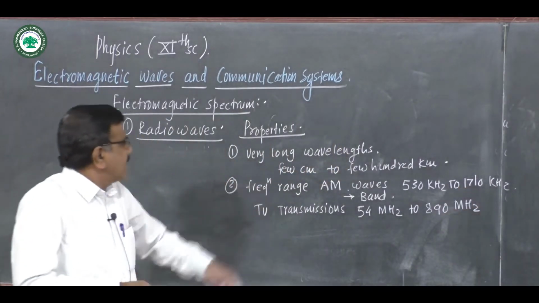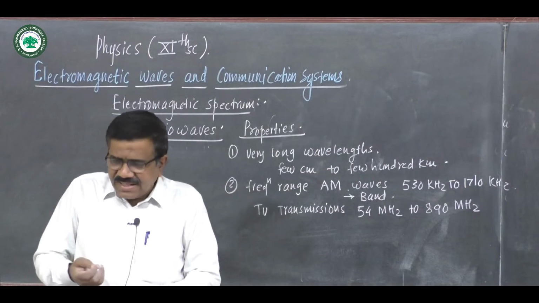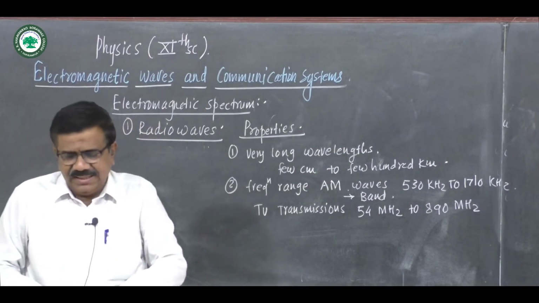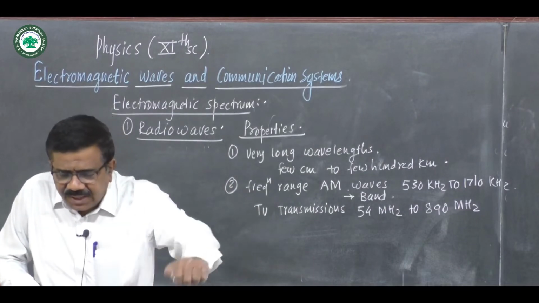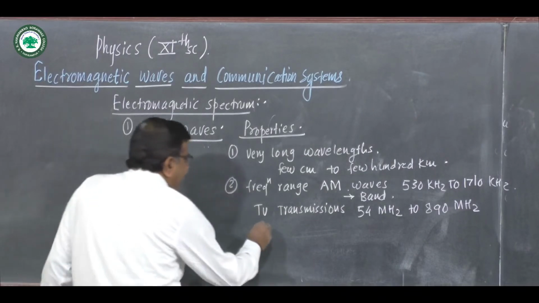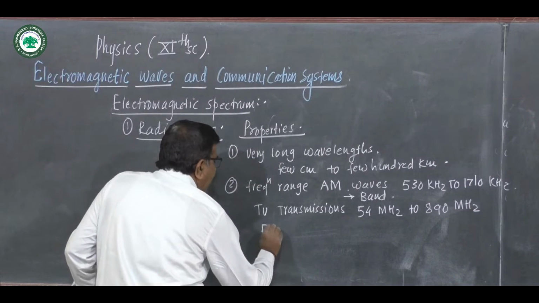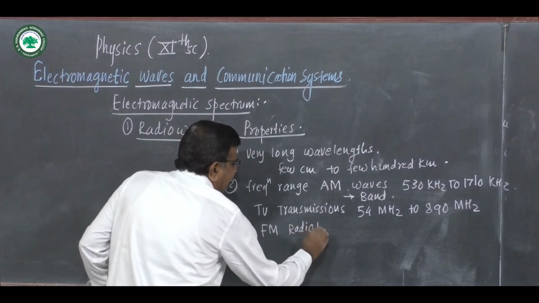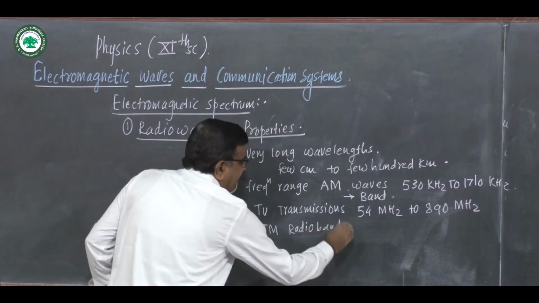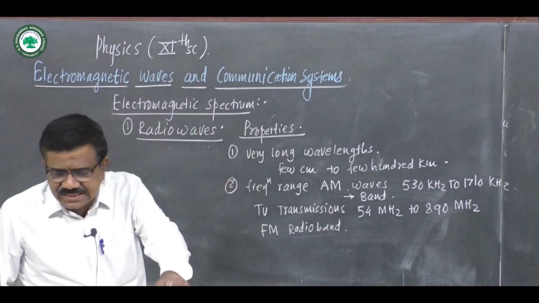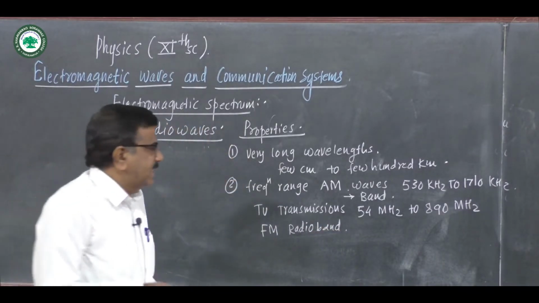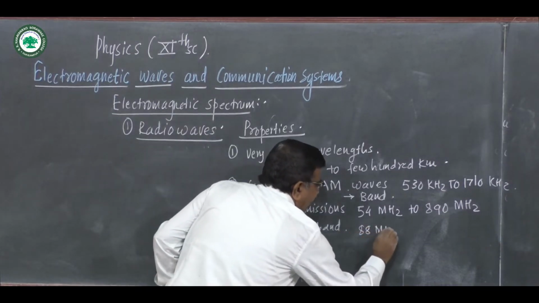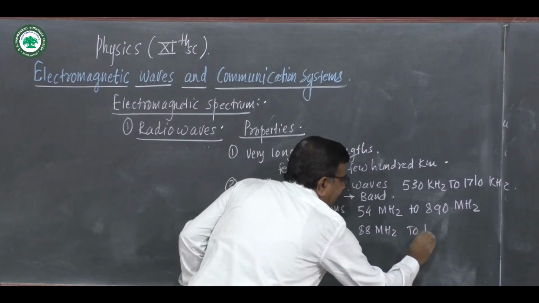For television transmission, the frequency range is 54 megahertz to 890 megahertz, and for the FM radio band, frequency modulation, the frequency range is 88 megahertz to 108 megahertz.